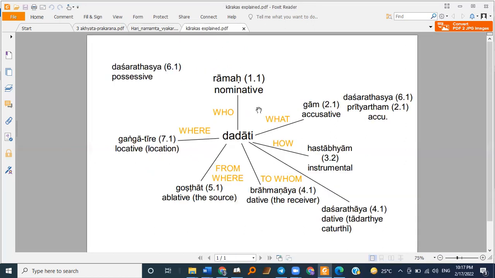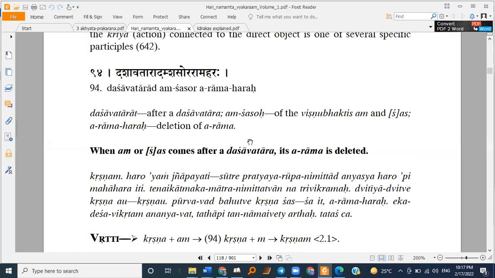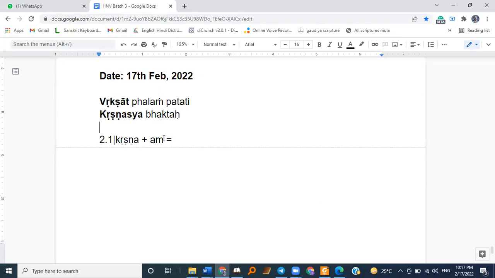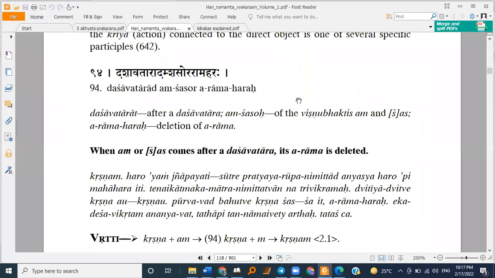Is it fine? Anything you want to say, whatever you understood, or anything you want to ask? Okay, fine. So we were doing 2.1, and we have Krishna Yukta, Sutra 94: Dashavatārād Shasor Arama Haraha.